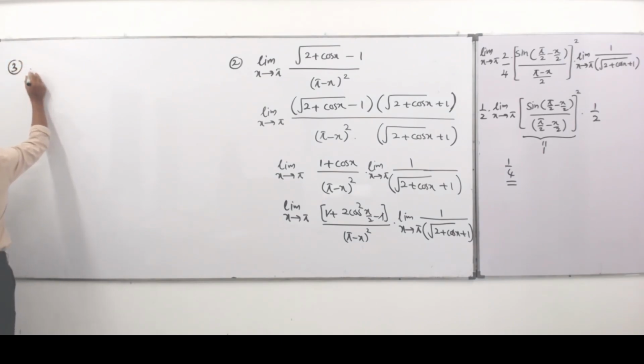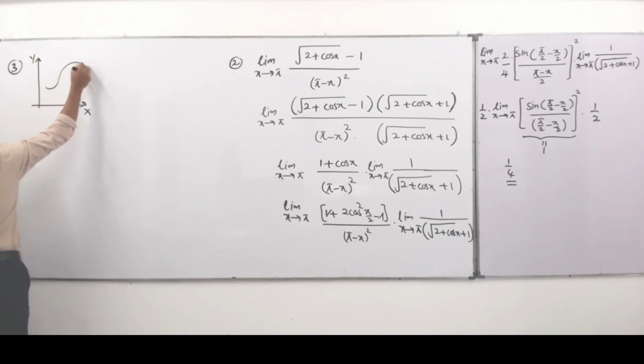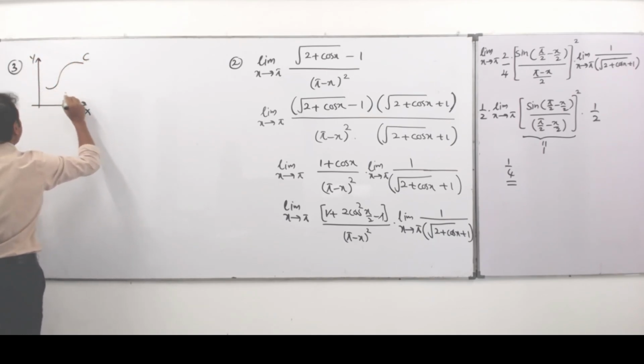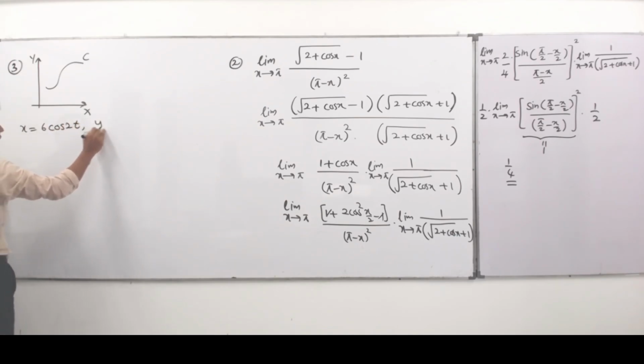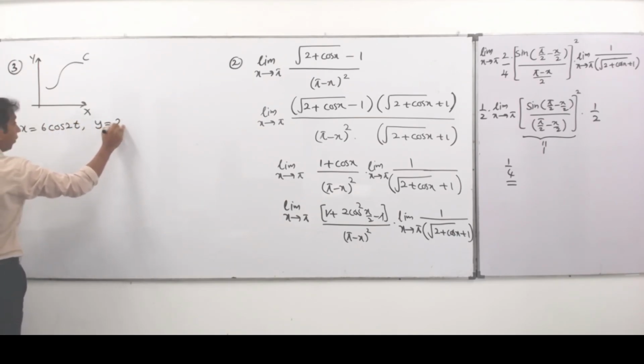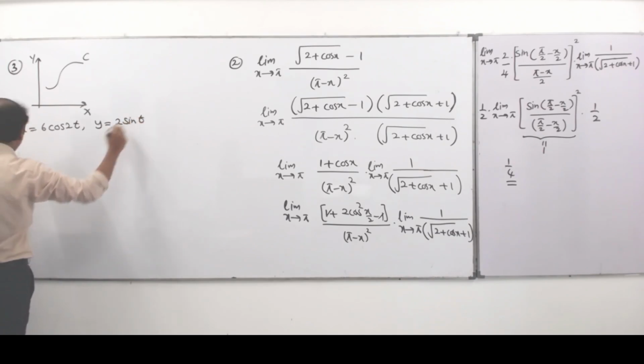Given the parametric equation of the curve C, right? I take the curve C like this for instance. This is the curve C. Its parametric equation given by x equals 6 cos 2t, y equals 2 sin t.